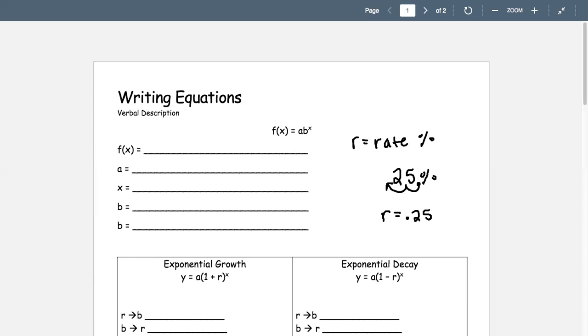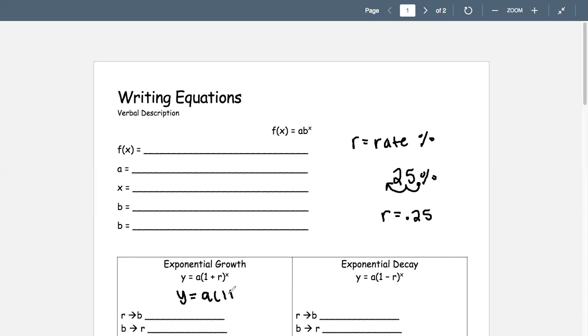Now, if it gives me a rate of 0.25 or 25% and I transfer that to a decimal, in order to change that to the B value, I have to do a couple things. If it's exponential growth, I'll have to add 1 to the R. So for example, let's keep using 25%.